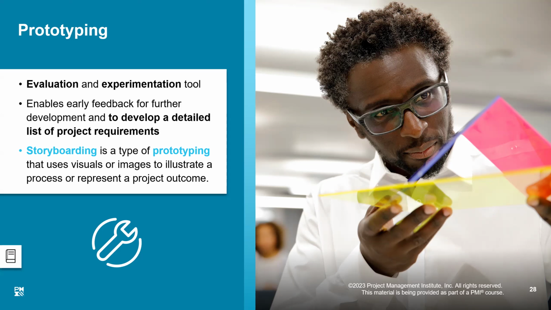And if the customer is convinced, that serves as our minimum viable product in case of agile, right? But even if you are not using agile, you are still using prototyping, isn't it?